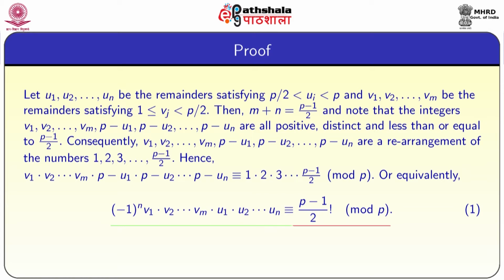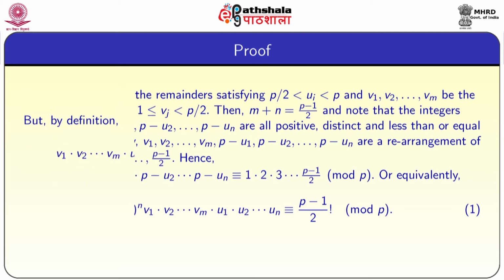It is because P minus U1 is nothing but minus U1 modulo P, P minus U2 is nothing but minus U2 modulo P, and so on, P minus Un is nothing but minus Un modulo P. So, we get minus 1 whole power n into this quantity, but 1 into 2 into 3 up to (P minus 1) by 2 is nothing but ((P minus 1) by 2) factorial. So, we have this equation 1.